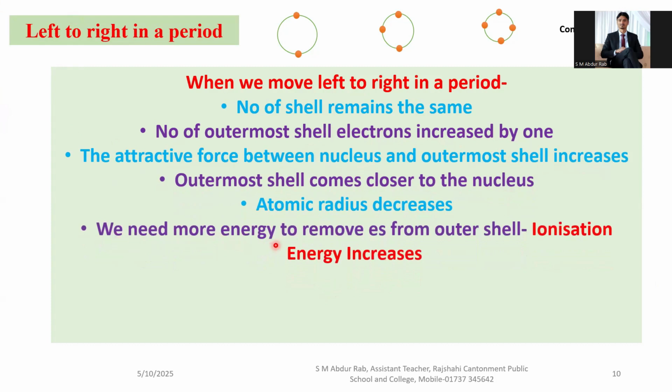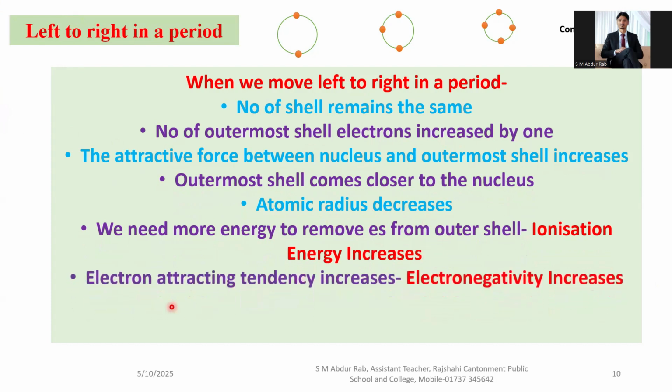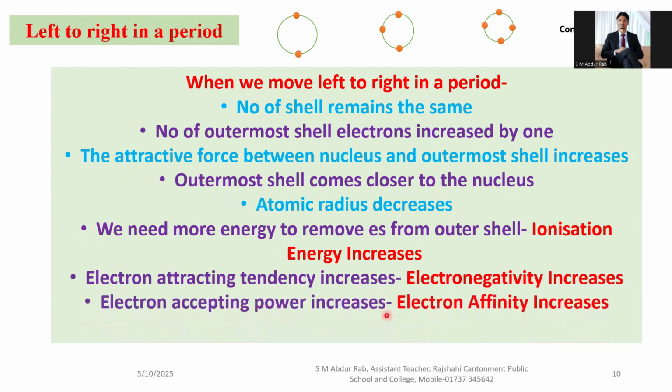Now we need more energy to remove electrons from the outer shell because the attractive force increases. So ionization energy will increase from left to right, and electron attracting tendency increases because atomic size decreases. So electronegativity also increases from left to right in a period, and electron accepting power, that means electron affinity, also increases because the attractive force between nucleus and outer shell increases.